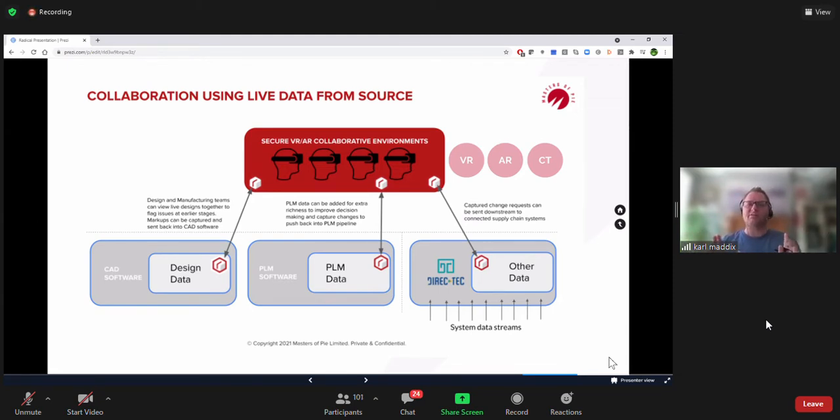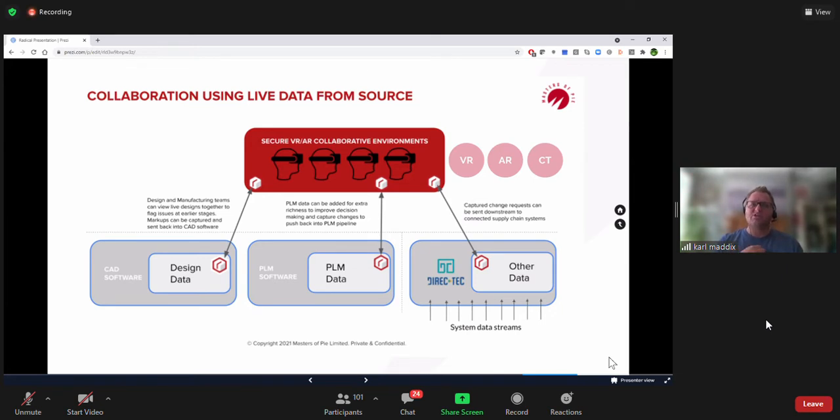So the Radical environment doesn't just pull data into these collaborative environments for purposes of collaboration and visualization. You can also create tools to affect or edit or make changes to that data within the Radical environment, and then have that new information be captured and pushed back efficiently into those supplementary systems in the background.